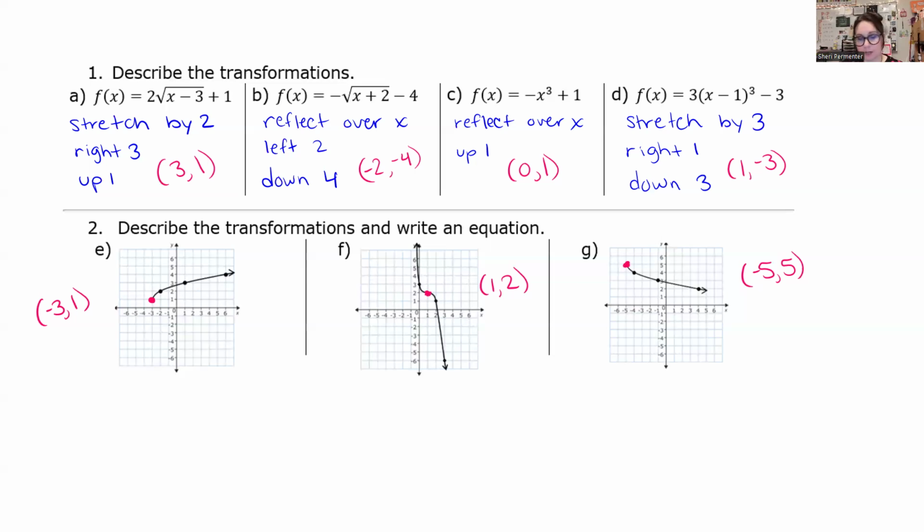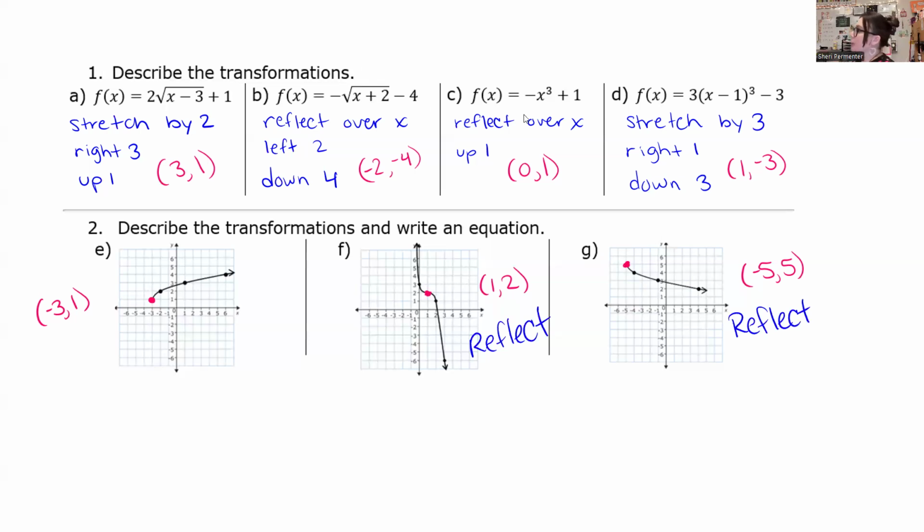And the last one, from my center point, is pointing down. So this one is also reflected. When we make our equation, we need to remember that I'll have a negative here or a negative here, depending on what kind of equation.